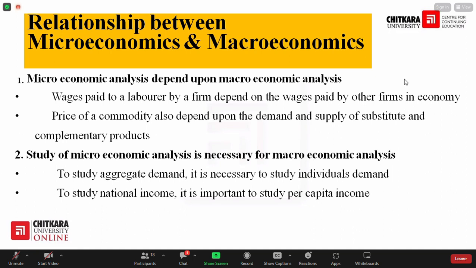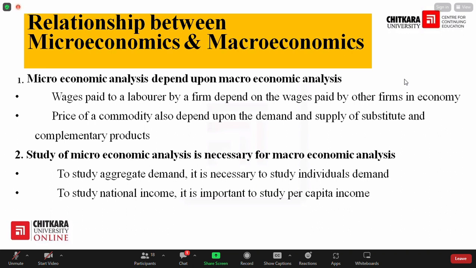You do not want to set a price which is very low or very high compared to the competitor's price. In both cases, you will be in trouble. Fine. So in microeconomics, sometimes we have to study macroeconomics. Sometimes we have to see what our competitors are doing, what is going on in the industry, and according to that, we take the decision for a firm.